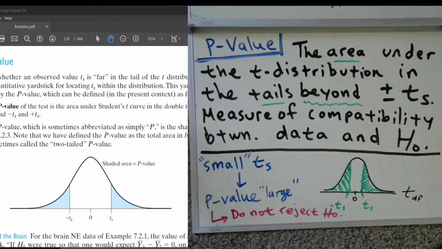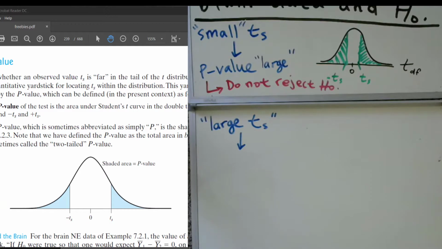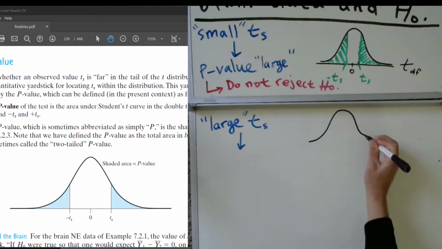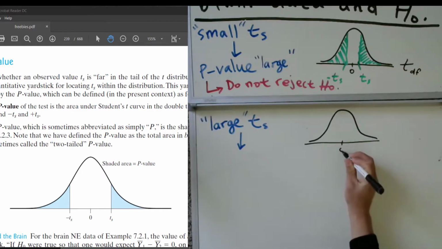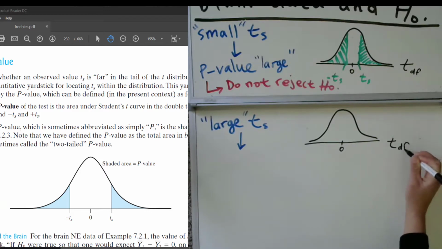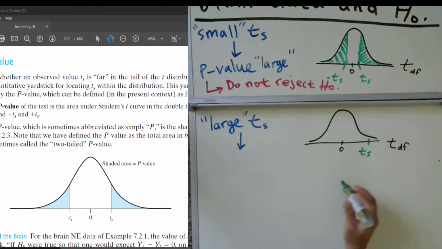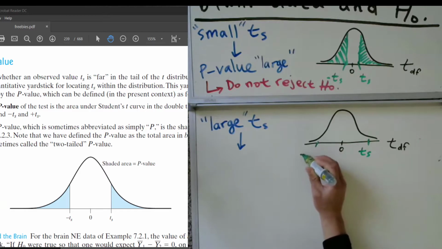On the other hand, let's see what a large test statistic, what kind of p-value that may result in. T distribution, with degrees of freedom. A large test statistic would be considerably out here in a tail. It could be positive, it could be negative.